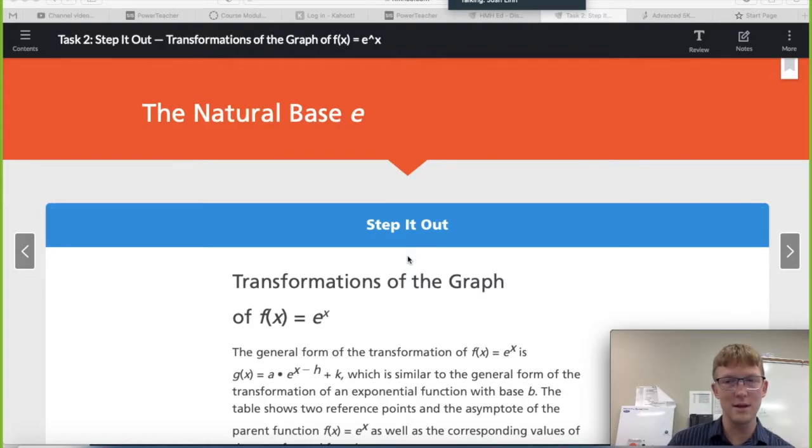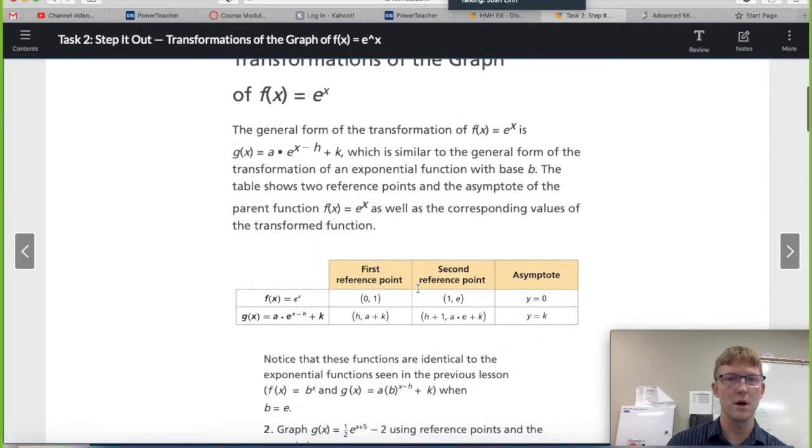So hopefully it continues to reinforce, but we are using e to the x now as opposed to a regular number. So we've got our parent function, f(x) = e^x. This is our general form: a times e to the x minus h, plus k. That should all look vaguely familiar.